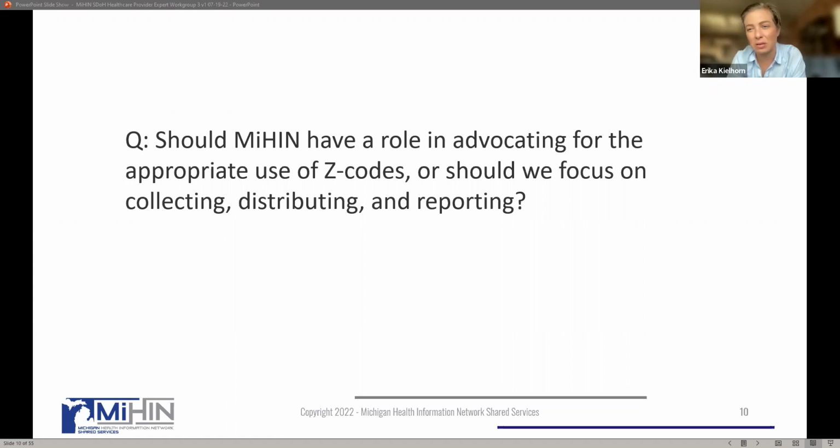That doesn't mean it would need to end up on a permanent problem list. It may not be a permanent problem. A lot of these are transient issues if we do our job well. I'm wondering if that could be a caveat that we could include as a consideration in how people are collecting, distributing, and reporting these Z codes.